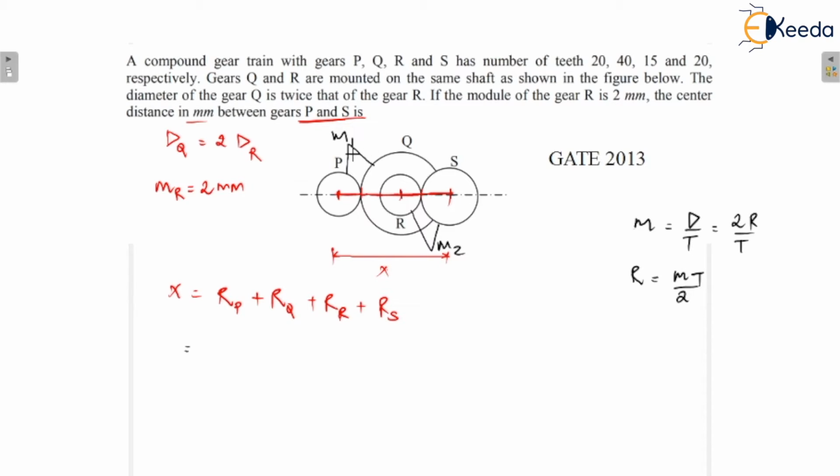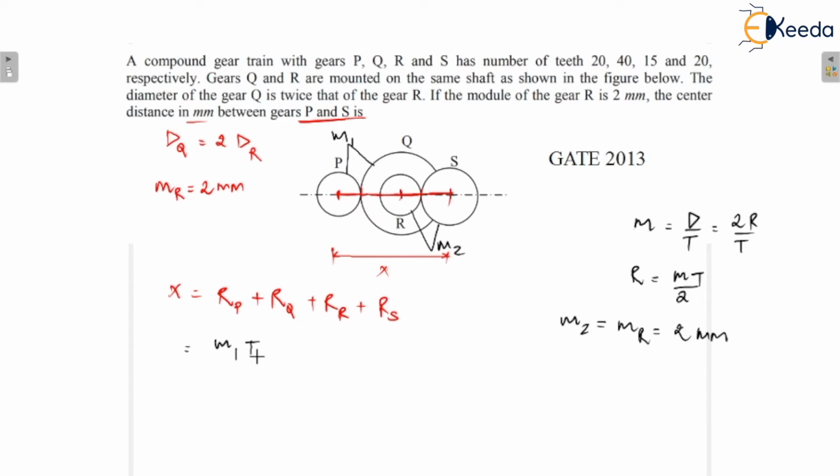The module is given for gear R, so if the module of gear R is 2 mm, that would be the same module for gear S. That means M2 is equal to MR, equal to 2 mm.